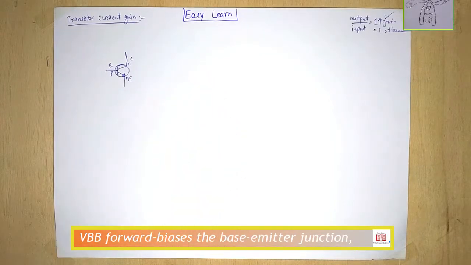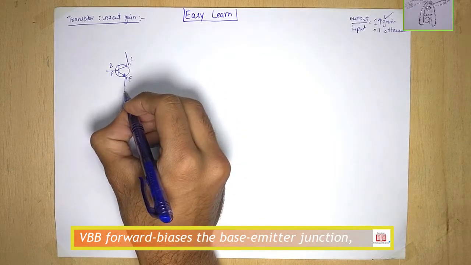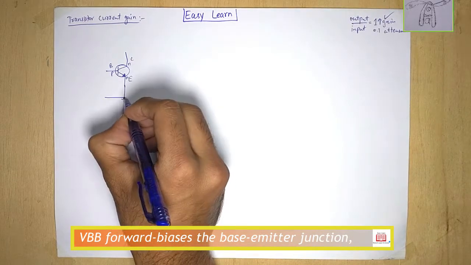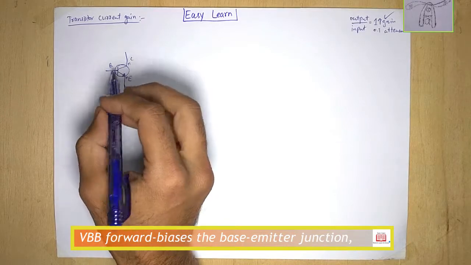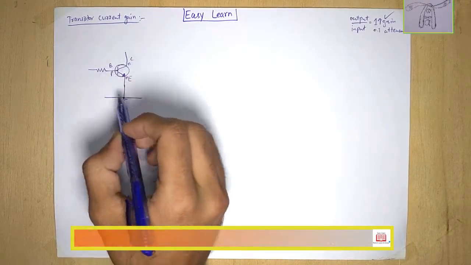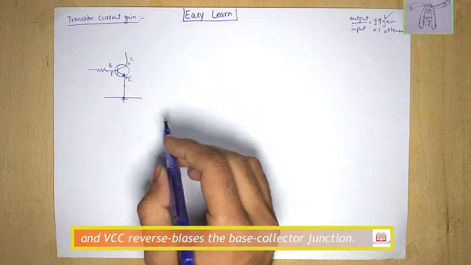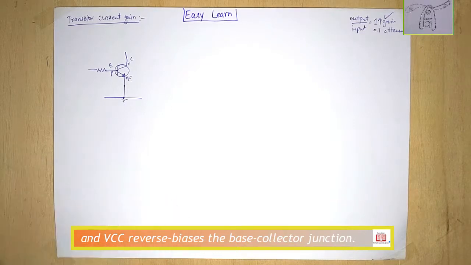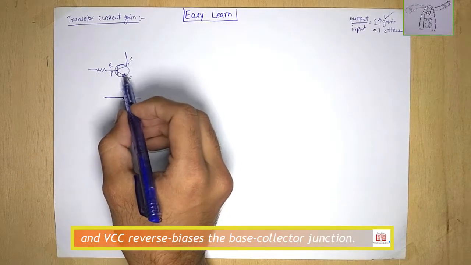The emitter here is grounded, and this is a common emitter circuit, as discussed from the start of this series. We have discussed the common emitter in every episode, and we will try to rebuild the concept again from the last episode.